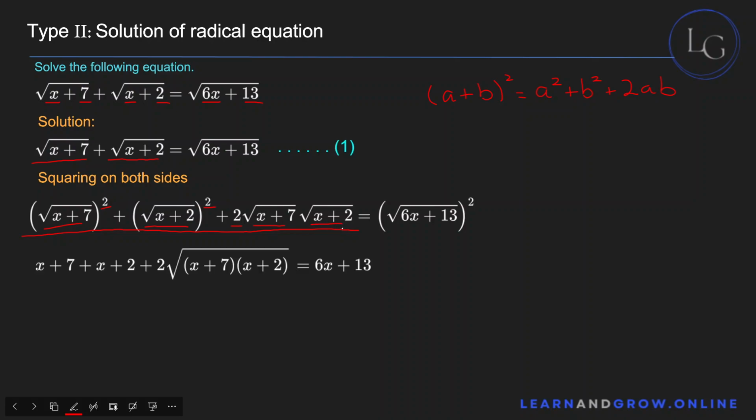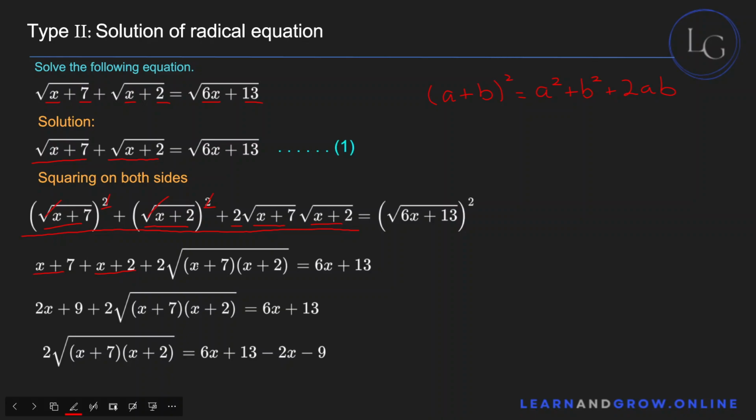Now, when you open up, this will cut out this radical, this will cut out this radical sign, and so you'll get this, and this term will remain as it is. Now, when you do all the calculations, you get this, and then basically you'll take everything besides the radical term on one hand, and you'll put the radical term on one hand.